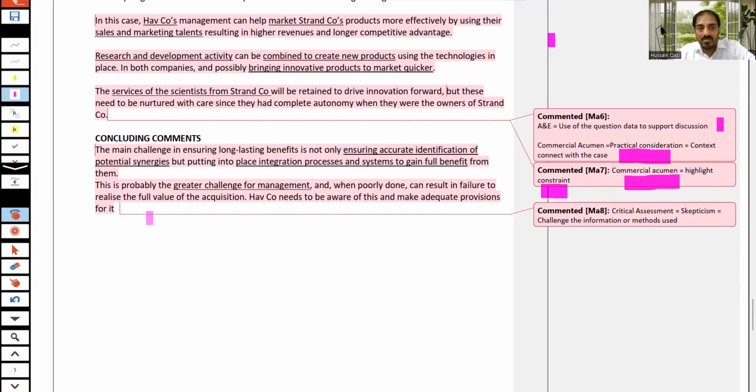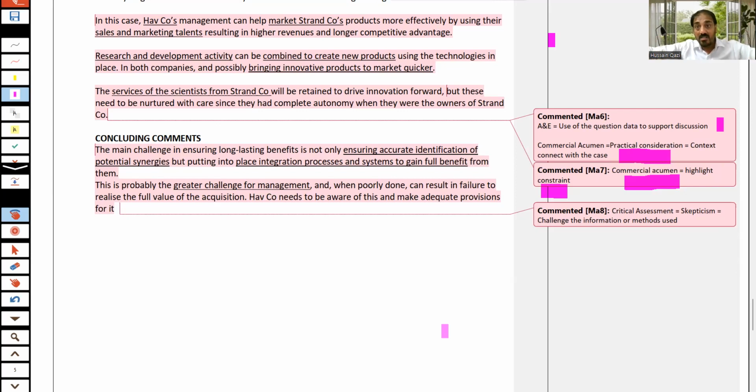And finally, concluding comments. The main challenge in ensuring long-lasting benefit is not only ensuring accurate identification of potential synergies, but putting into place integration process and system to gain full benefit from them, as I have discussed. The main challenge is not just to identify full potential.